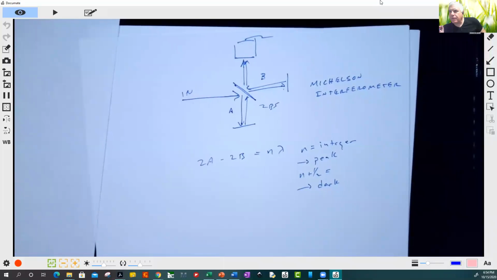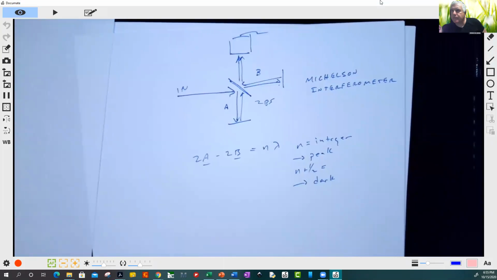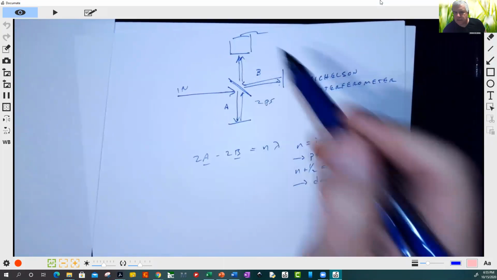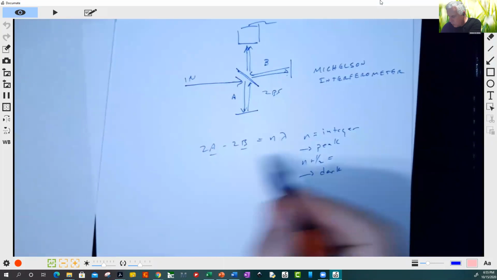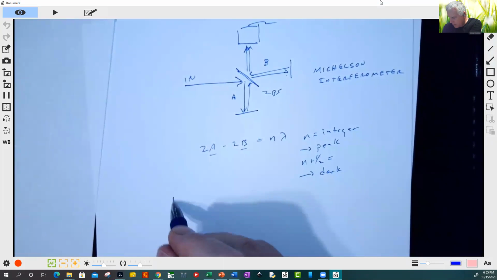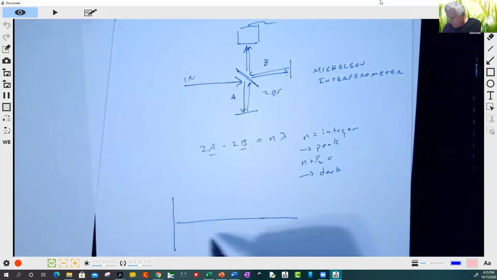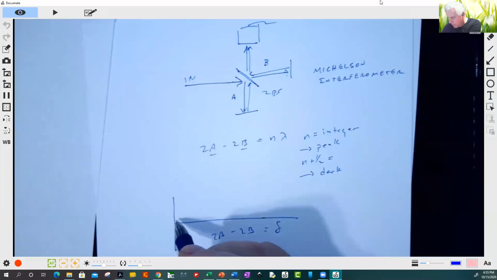And so in this case, what they're looking for is differences in the arm length, A and B. And they just use the overall intensity. They look at the intensity at the detector, right? Because as you go through 2a minus 2b, this is the path length difference here, right?